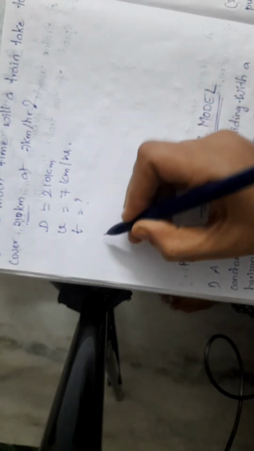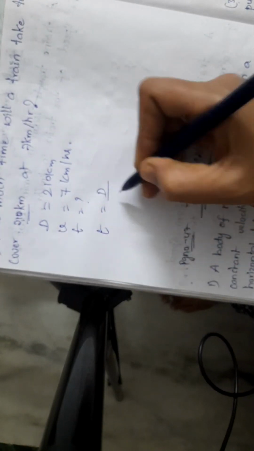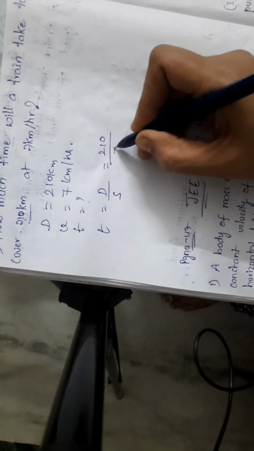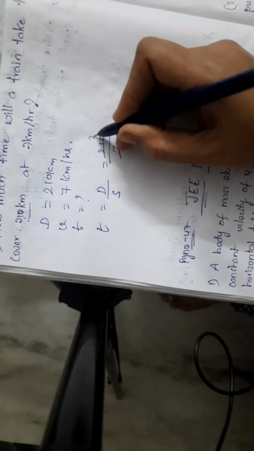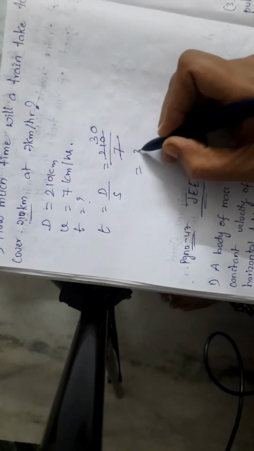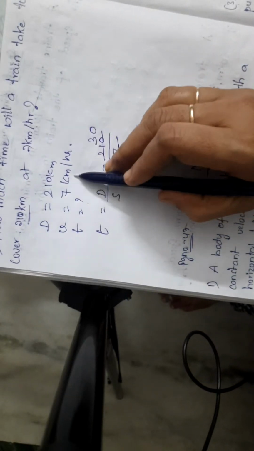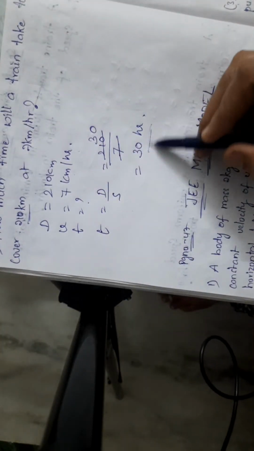We need to find time. Time is distance upon speed. Distance 210, speed is 7. 7 3s are 21. Thus the time is 30 hour. As it was given in kilometer per hour, we will get time in hours.